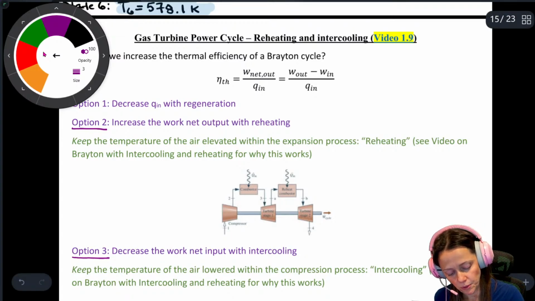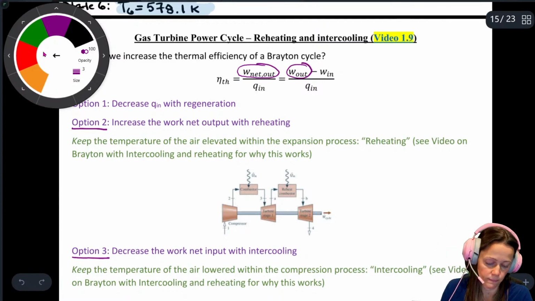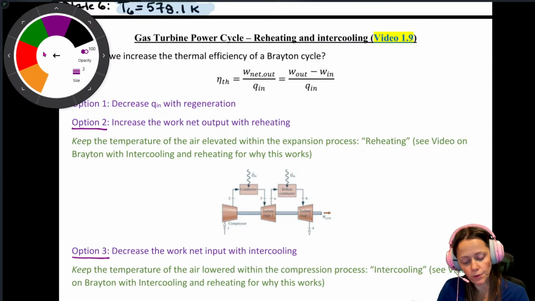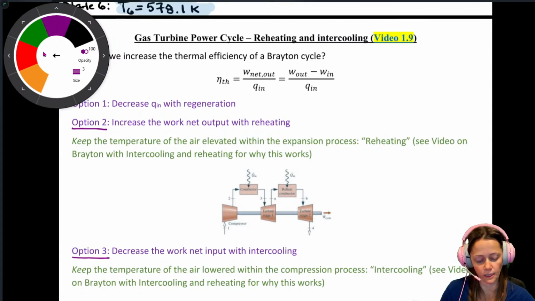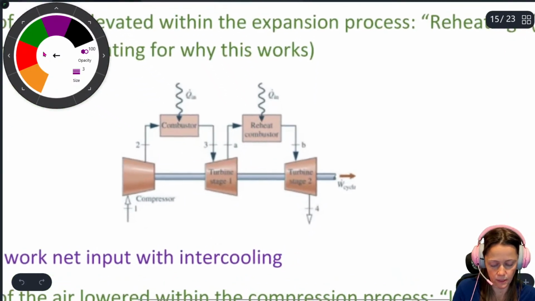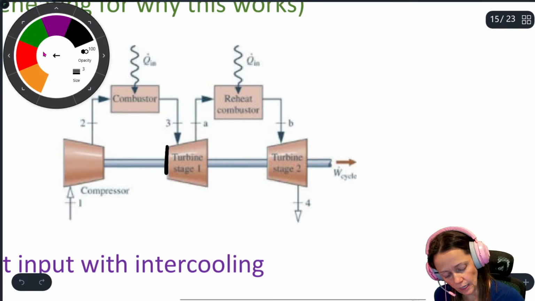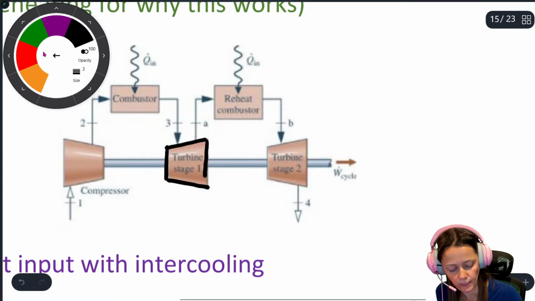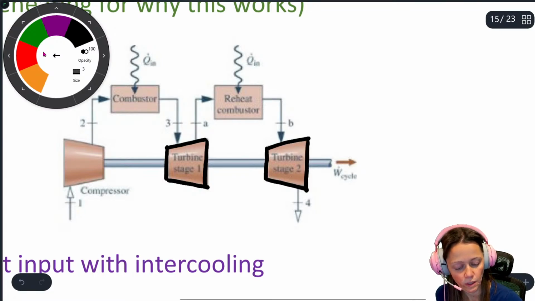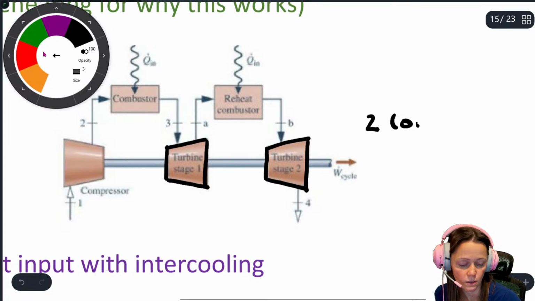We're trying to increase this guy by either increasing this guy or decreasing this guy. So we can increase the work output with reheating. What you're doing is, instead of expanding in a single phase, you divide up that expansion into 2 or more.